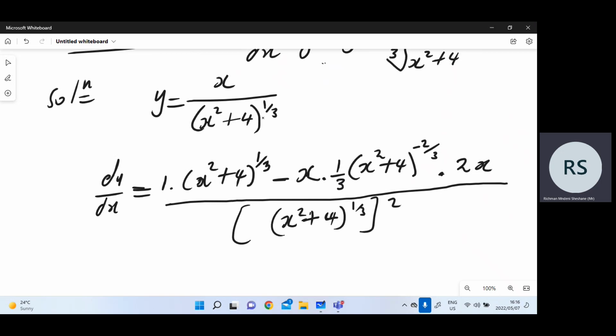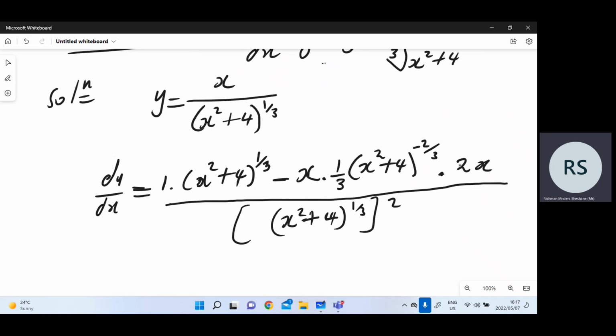This is the first standard formula, number 1. Standard formula number 1, when you're deriving a function to the power of n, says you take n down, and then you return the function to the power of n minus 1. So our n, 1 over 3 minus 1, is minus 2 over 3. And then multiply by the derivative of the inner function. Always, the derivative is multiplied by the derivative of the inner function.